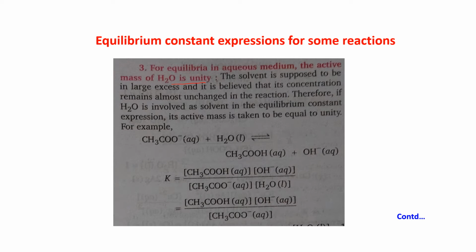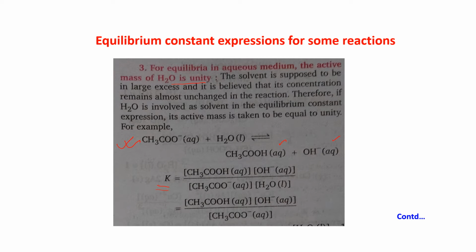For example, suppose the reaction is CH3COO minus plus H2O liquid, that is a reversible reaction. It is giving you CH3COOH aqueous and OH minus aqueous. Now the K, you all know, is the concentration of the products divided by the concentration of the reactant.